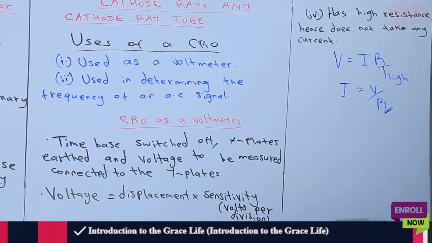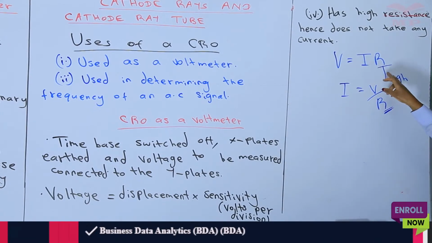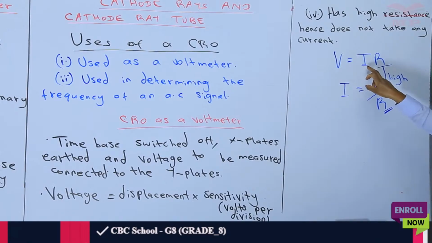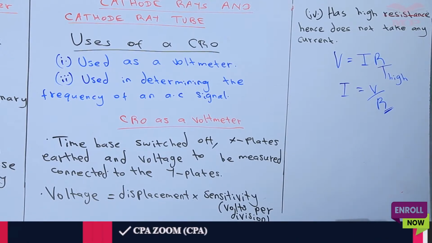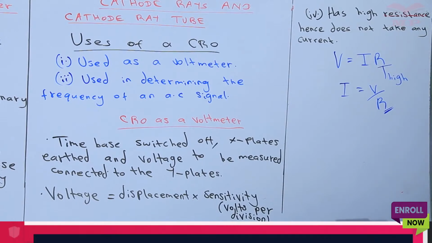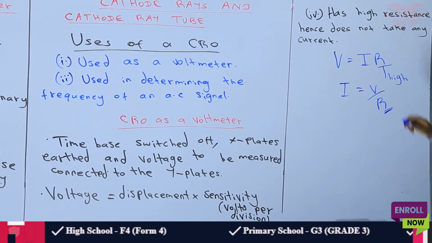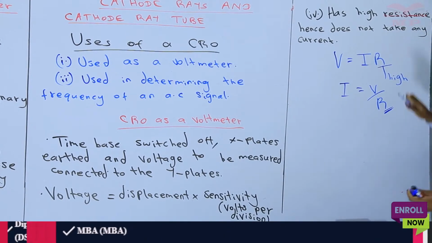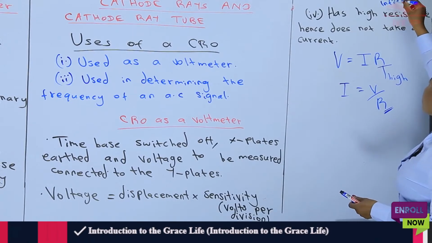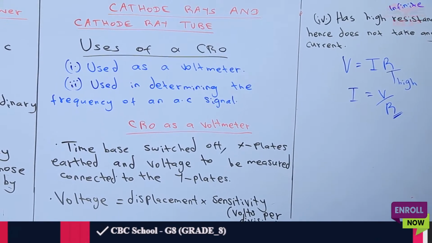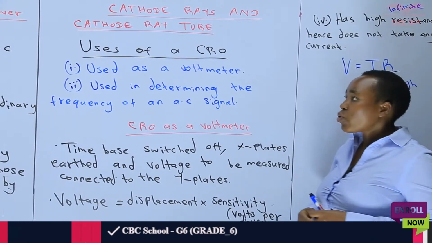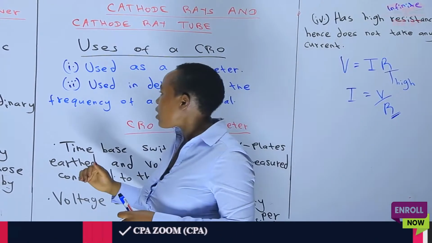If it were low, the current would be affected, and we need the voltage, because it's being used to measure the voltage. So it has a high, or what we call infinite, resistance, and therefore it does not take away any current.